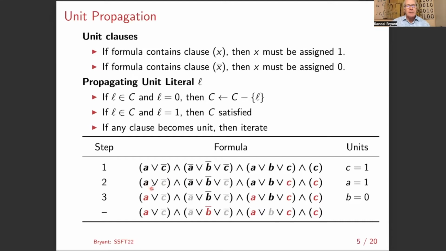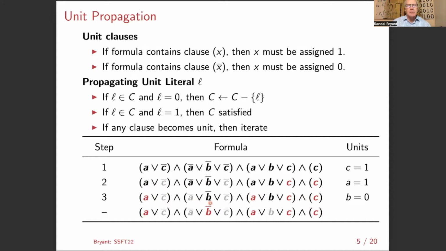But now you'll see that the leftmost clause becomes unit. The only remaining literal is A. And so we must, by the unit rule, assign A to be equal to 1. And we can now do unit propagation. It will say that this clause now becomes satisfied. And the second clause, we have A is assigned 1 and C is assigned 1, so those won't help.